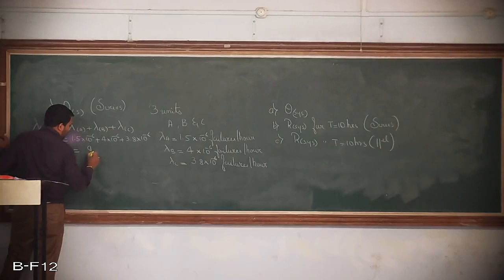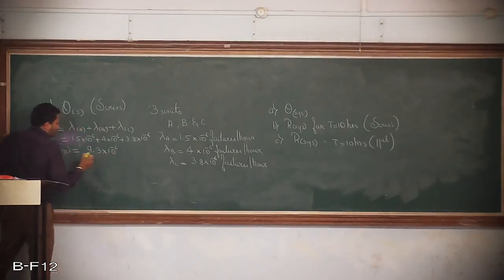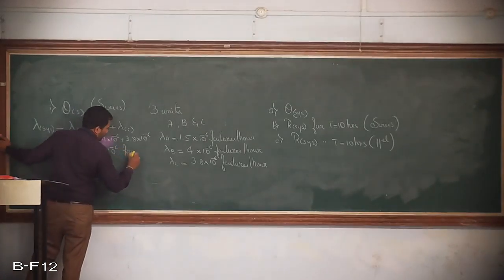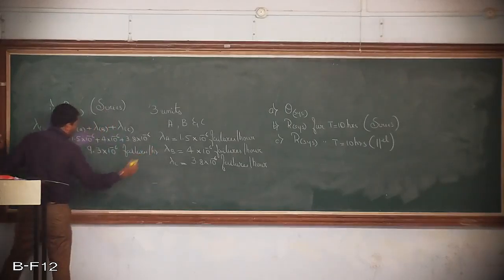It will come as 9.3 into 10 raised to minus 6 failures per hour.